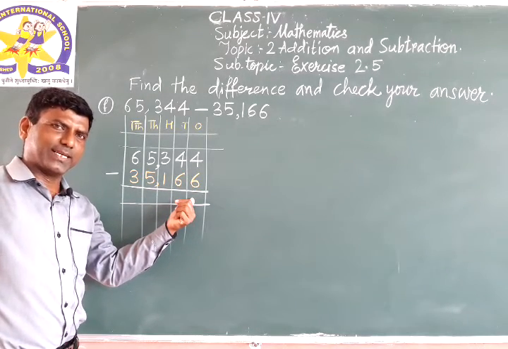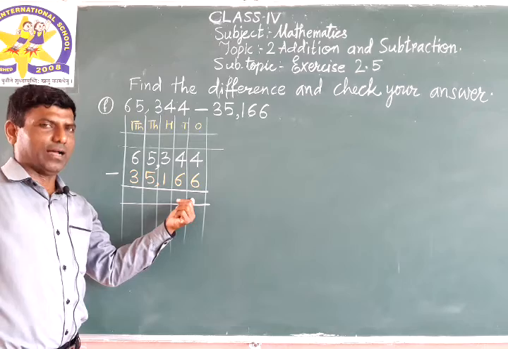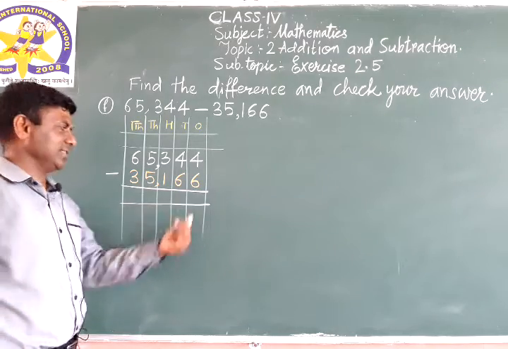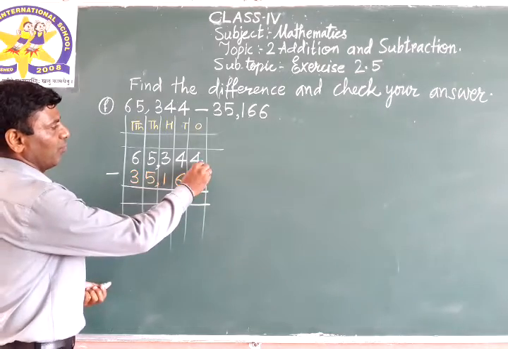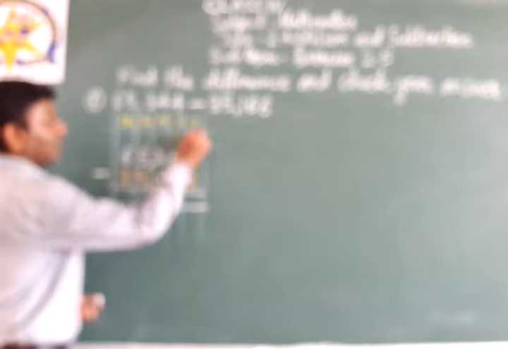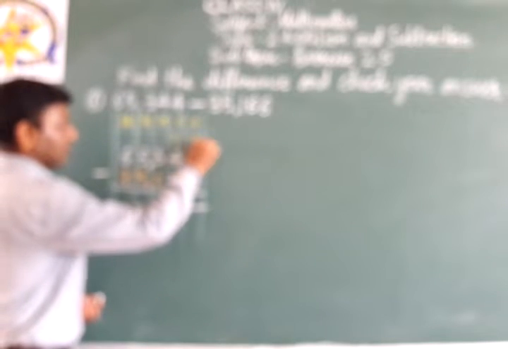What will be the answer? We call it the difference. Now 4 minus 6, possible? No. What are we doing? We are borrowing from the neighbor. 4 becomes 3. This 4 becomes 14. Now is 14 minus 6 possible?